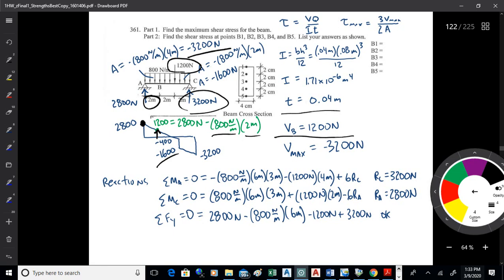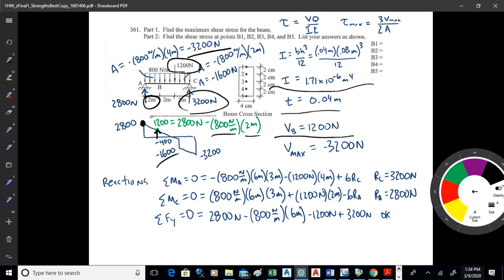The thickness of the beam is just the thickness of the cross section. It's 4 centimeters, so that's 0.04 meters. I is just BH cubed over 12 because it's just a simple rectangle. So it's 1.71 times 10 to the minus 6. So to find the shear at these points, we've got V, T, I, and we need to find Q. That's the last thing we need.